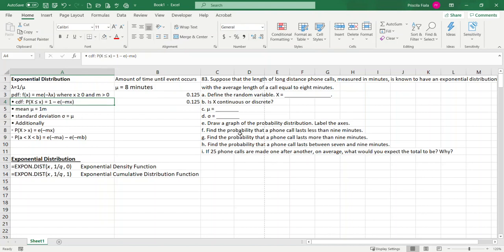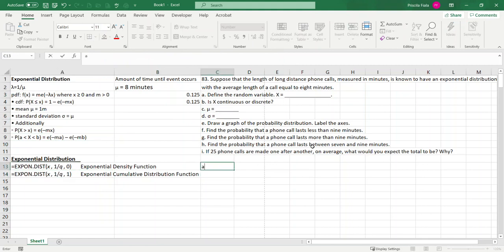If you're asked for a value that is more than, you're going to be using this one, x more than. But if you're asked for a value in between, for example, in between 7 and 9 minutes, it's right here, then you use this formula over here. So let's go ahead and do it using these formulas, and then I'm going to replace them with the Excel formulas to see how much faster that goes.